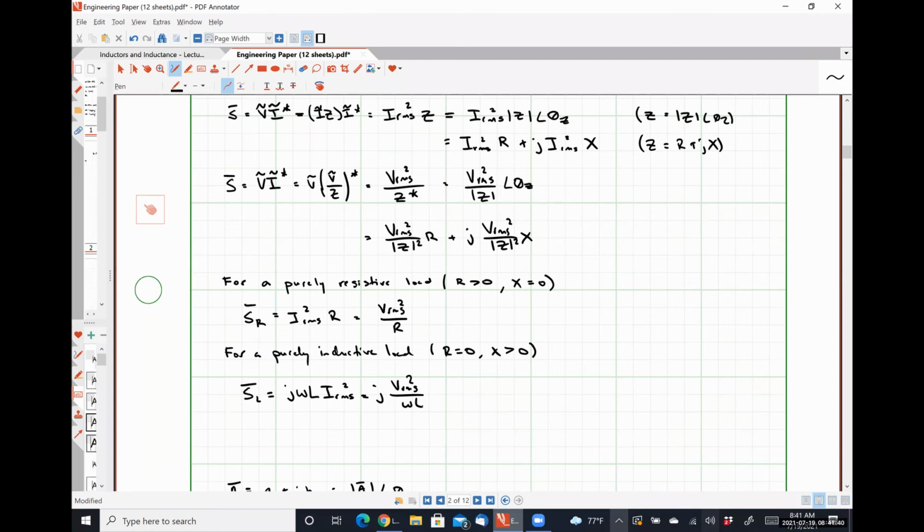We will see that inductors always absorb reactive power.